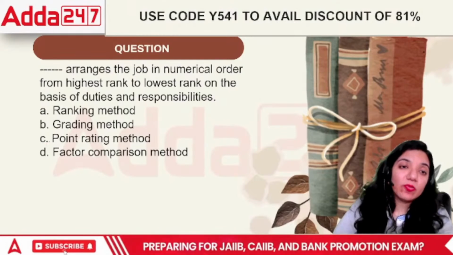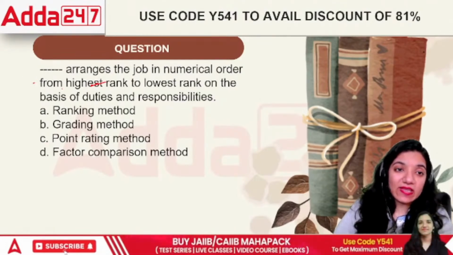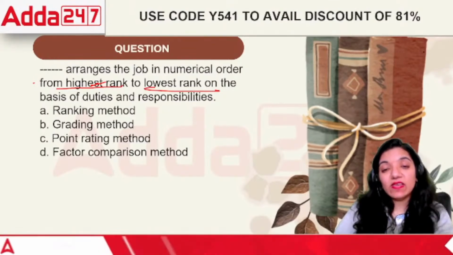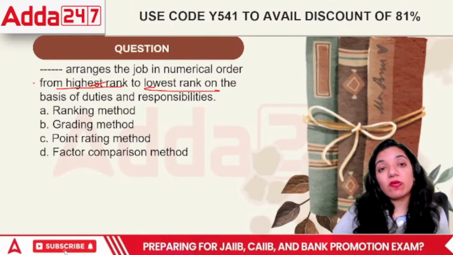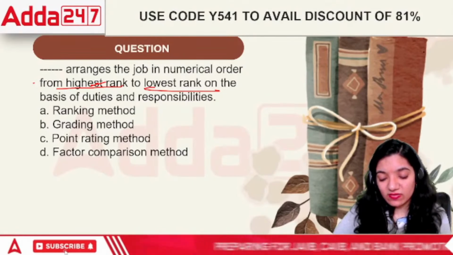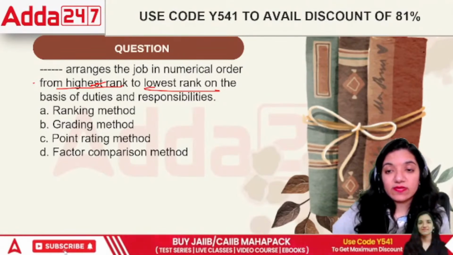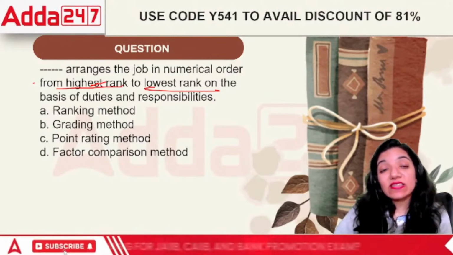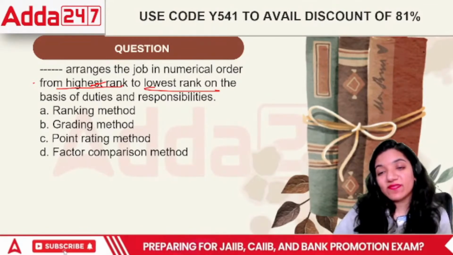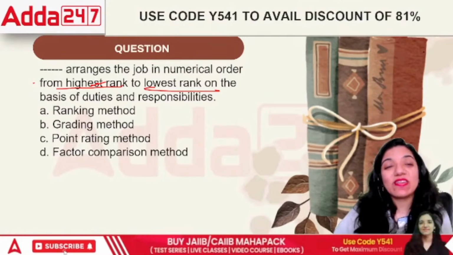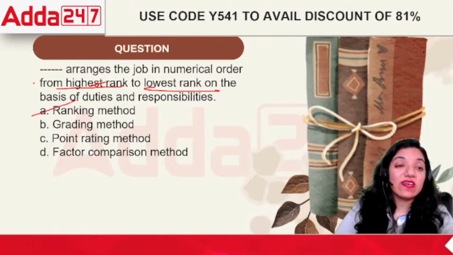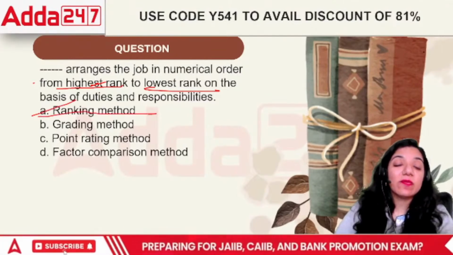We are putting people into different ranks, highest rank to the lowest rank. Given in the question itself, if we talk about the highest and the lowest rank, in this case, the correct answer would be the ranking method. Since we are putting people into a specific sequence, it's called the ranking method.